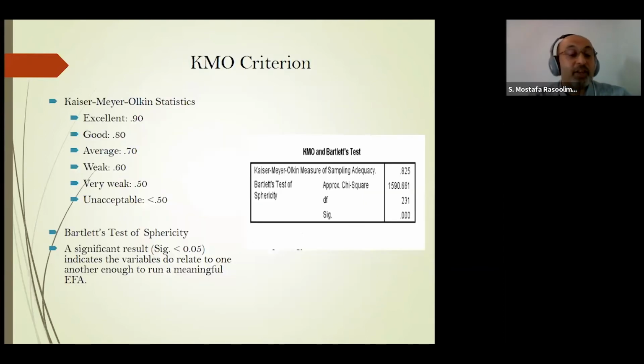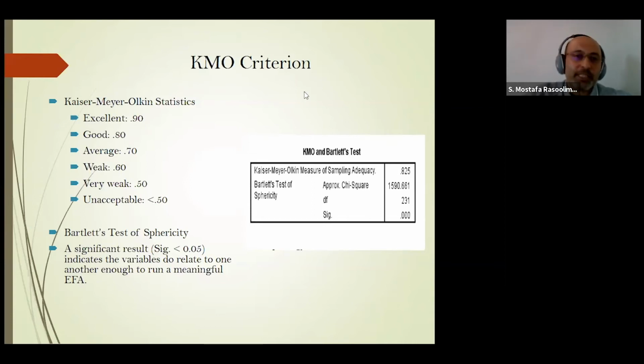This is another criterion that we need to check for factor analysis. The first criterion is the Kaiser-Meyer-Olkin statistic, or KMO statistic. KMO is for testing the adequacy of your data.